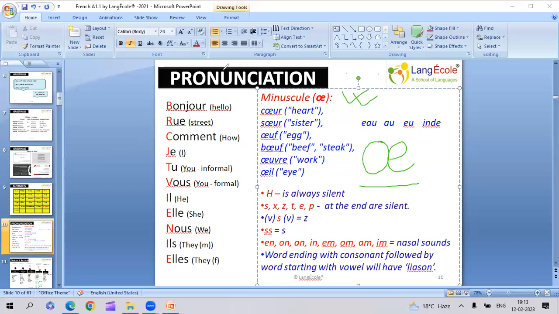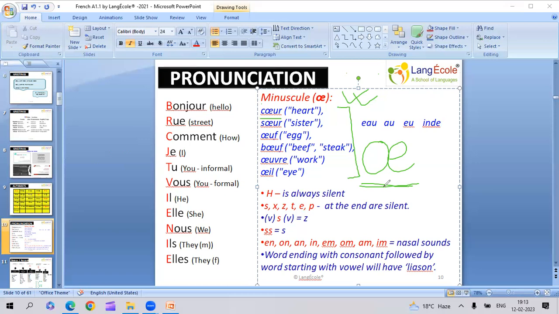Now let's see this pronunciation, how it is done in the words. Though this minuscule character is used very, very less, there are a couple of very important words of life where we use it. I have listed down the most used words where this character is used. So remember these words by heart.